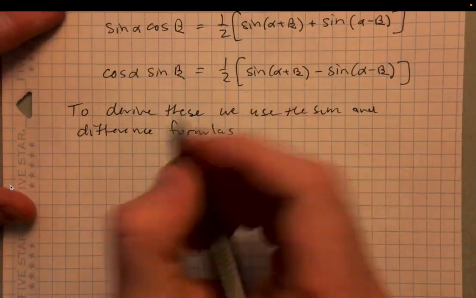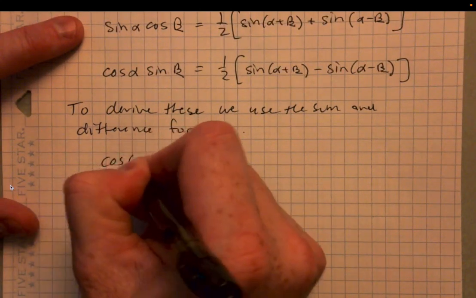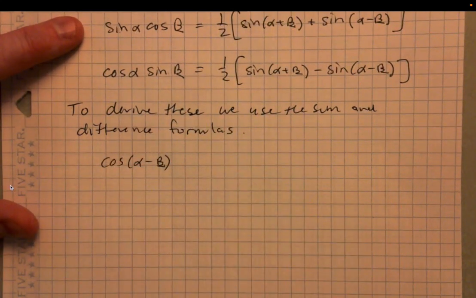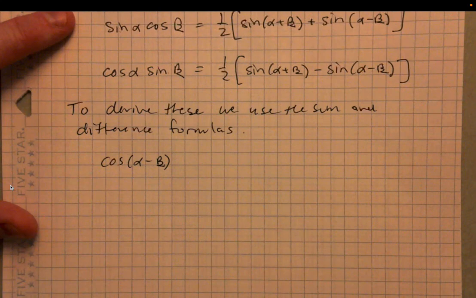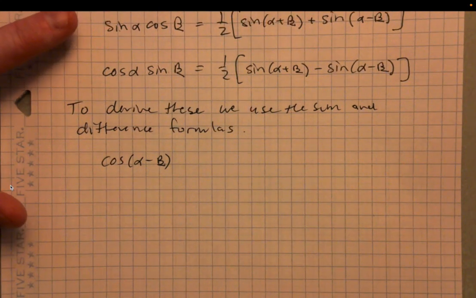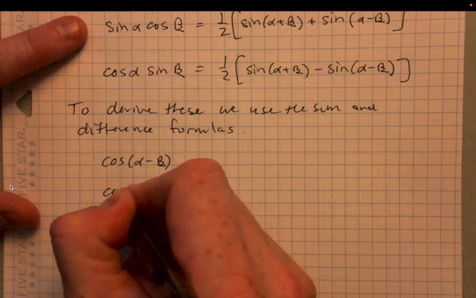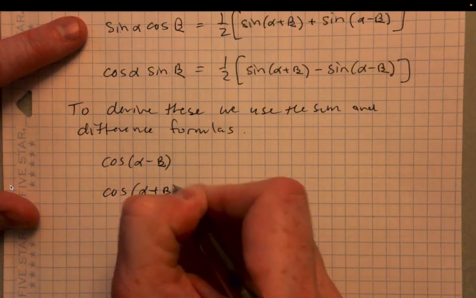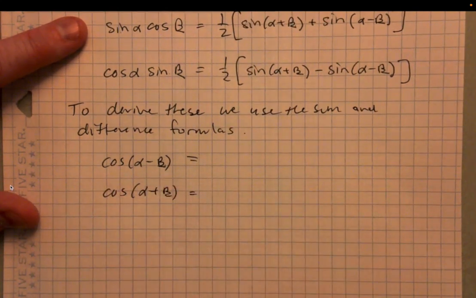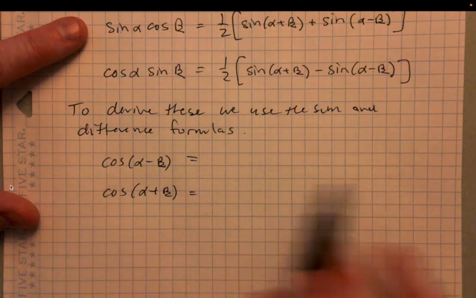Well, to get to that one, what I need to use is the cos alpha minus beta. This was the sum and difference formula from the previous section. So I use the cos alpha minus beta, and then I also use the cos alpha plus beta version. So I need to write them both out in full.